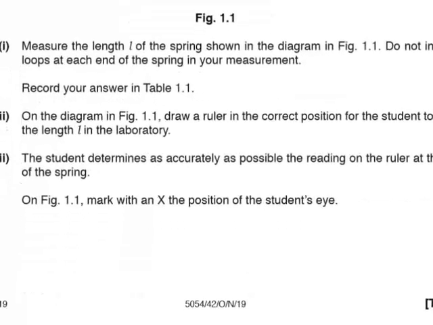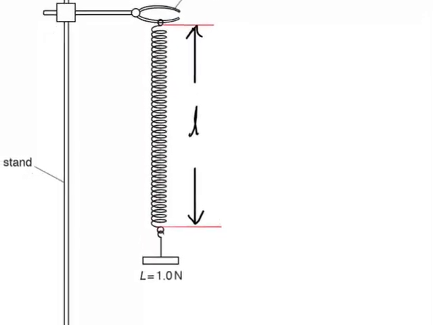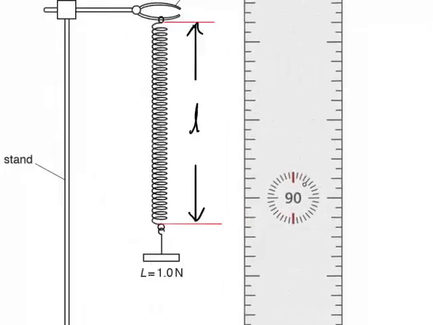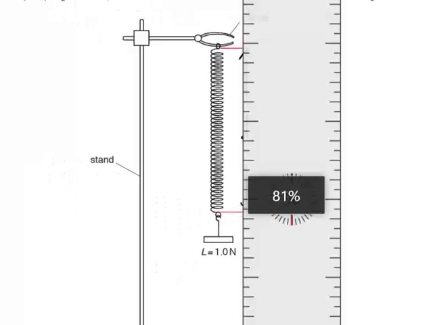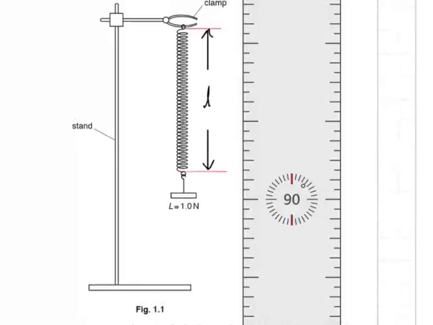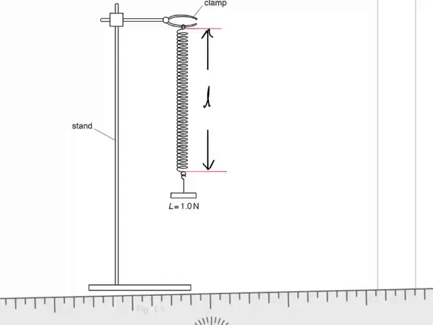On the diagram, figure 1. Draw a ruler in a correct position for the student to measure the l in the laboratory. So back to this diagram, you have to place the ruler. So when I put the ruler here, I have to minimize this one a little bit. Okay, the ruler must be exactly put on the bench. So this will be your bench.